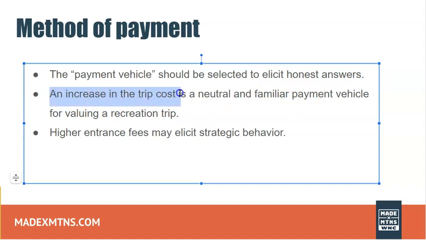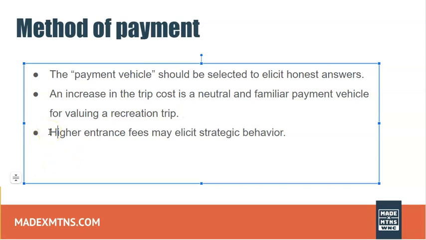An increase in a trip cost is something that people are familiar with because of changes in gas prices or other things that can cause recreation trip costs to change over time. And so researchers consider that a neutral and familiar payment vehicle. And so that's typically a good one for valuing a recreation trip.